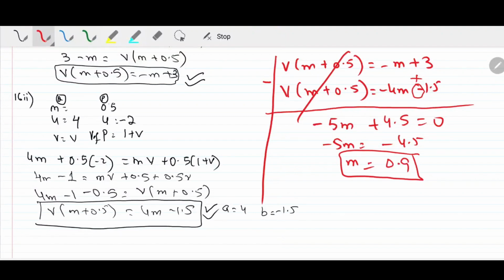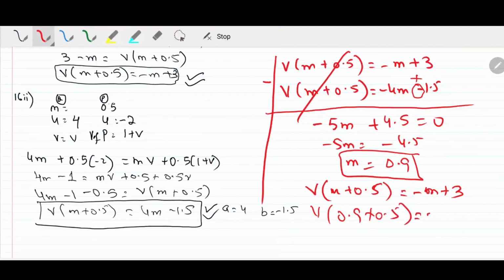So in either of the equations, insert and find v. v m plus 0.5 is minus m plus 3, v is 0.9 plus 0.5, minus 0.9 plus 3, v 1.4, 3 minus 0.9 is 2.1, v is 1.5 meters per second.